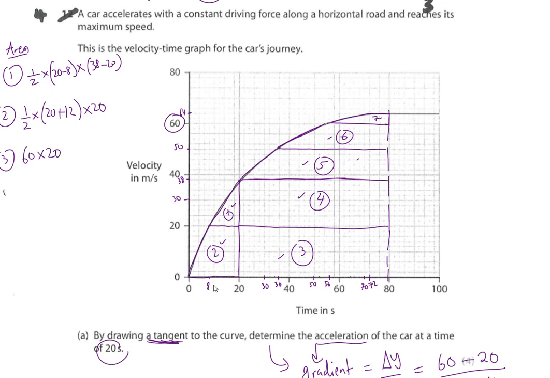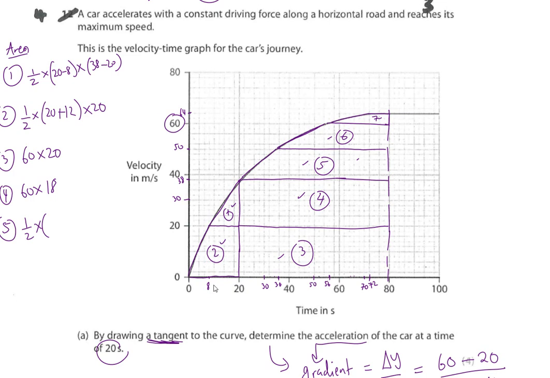So number four is the same thing. We've got the same thing, 60 times, from 38, so from 20 to 38. So that is 18. And number five, we've got a trapezium there again, so it'll be half times the parallel lines.